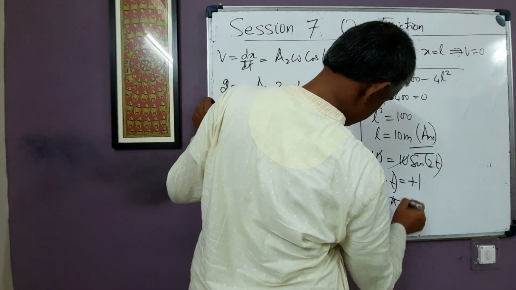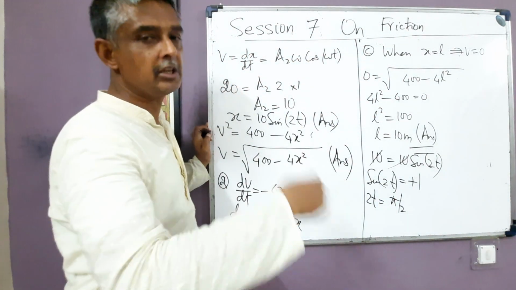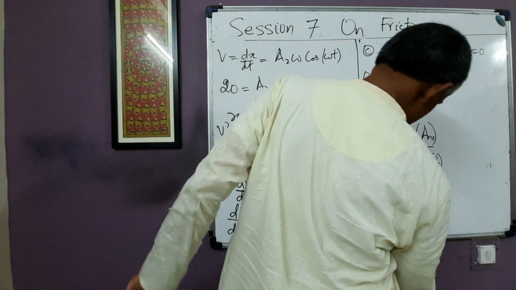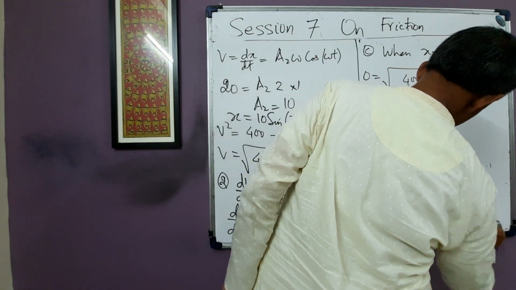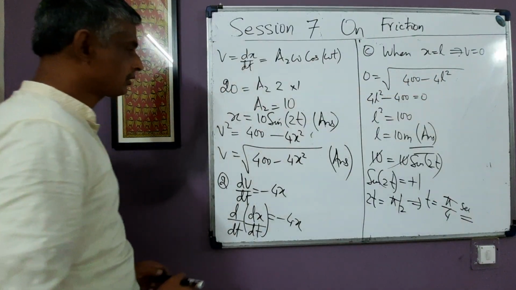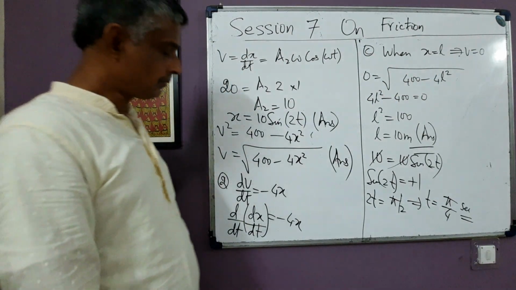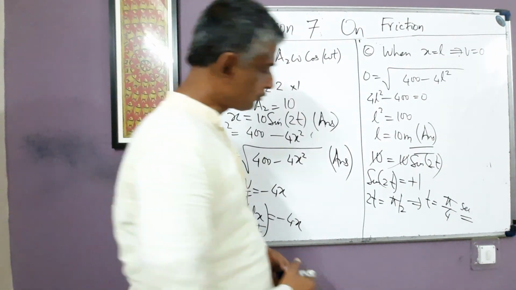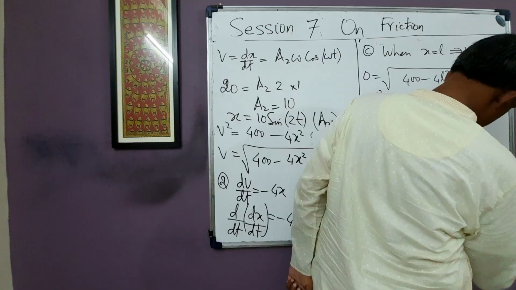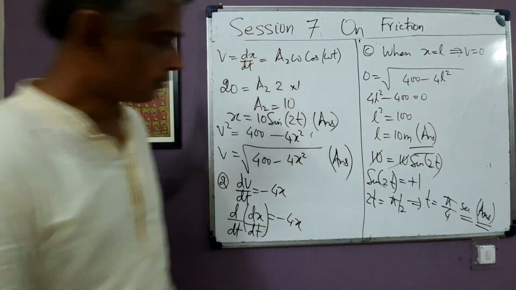So 2t becomes pi by 2, the smallest t when this equation is valid after t equal to 0. So t becomes pi by 4 second. So t is equal to pi by 4 second is the required answer.